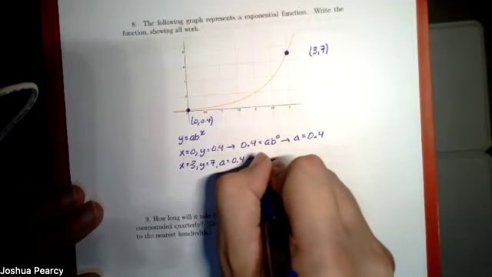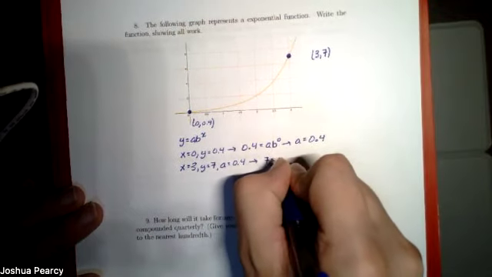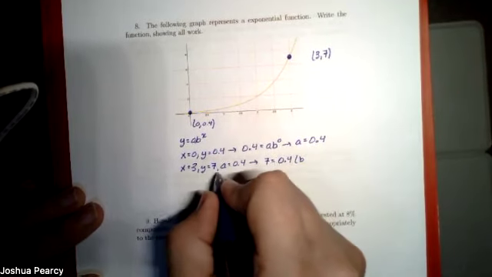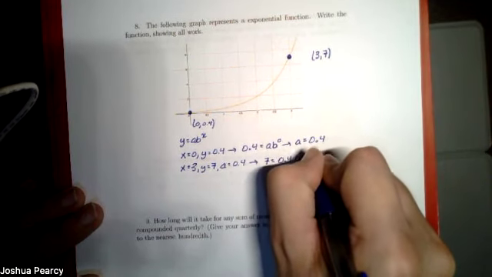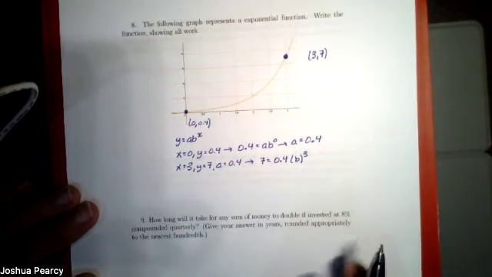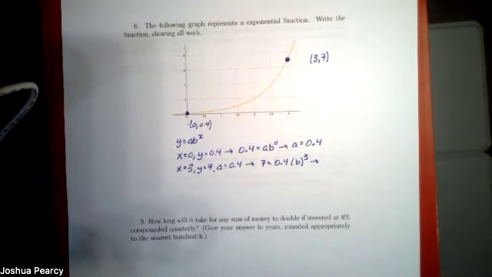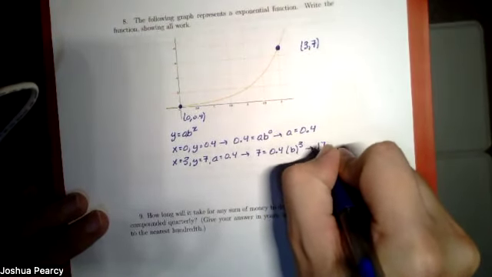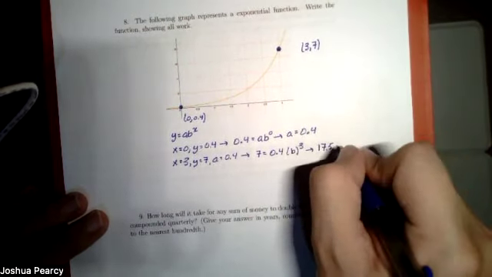Here this would look like 7 equals 0.4 times b to the, in this case, 3, because x is 3, so b to the third power. Now we're going to start by dividing both sides by 0.4. When I take 7 and divide it by 0.4, I get 17.5. So this says that 17.5 is equal to b cubed.